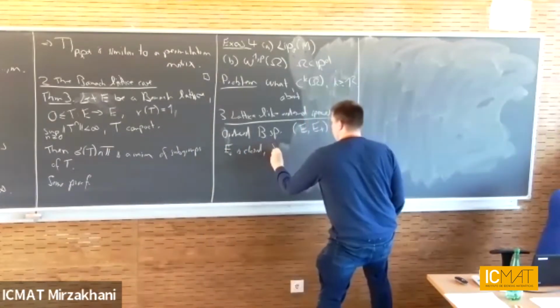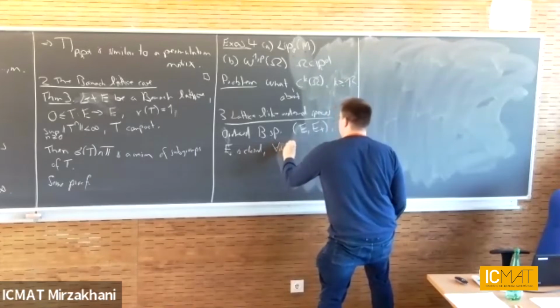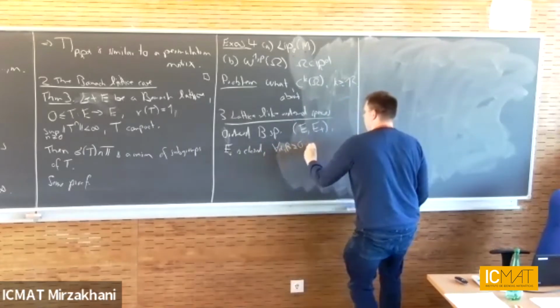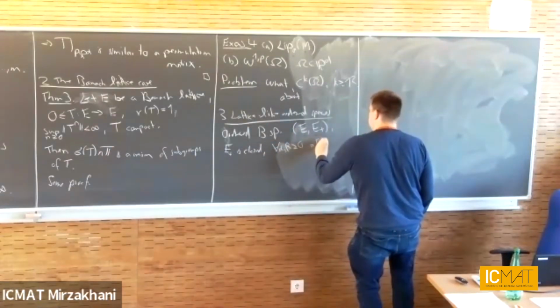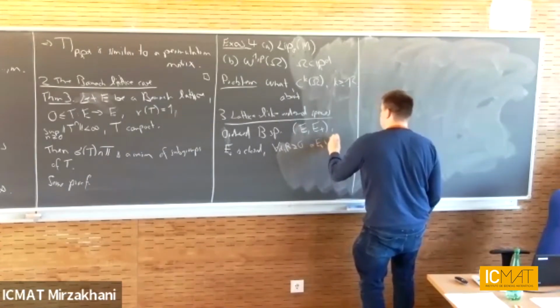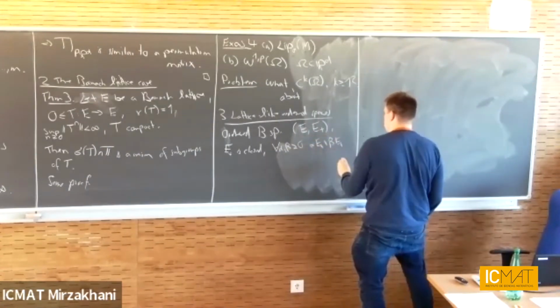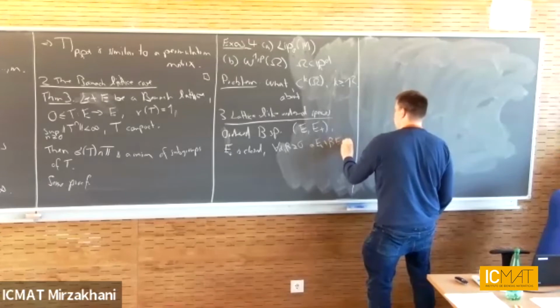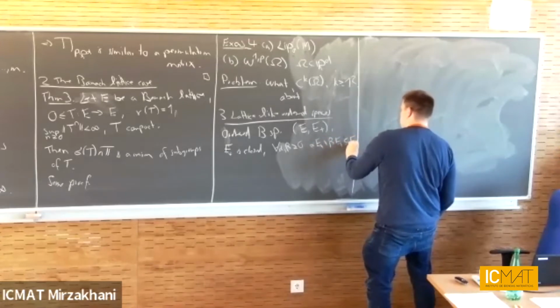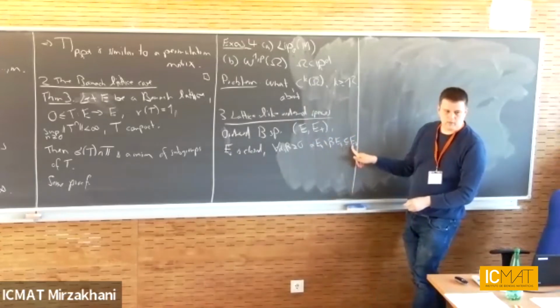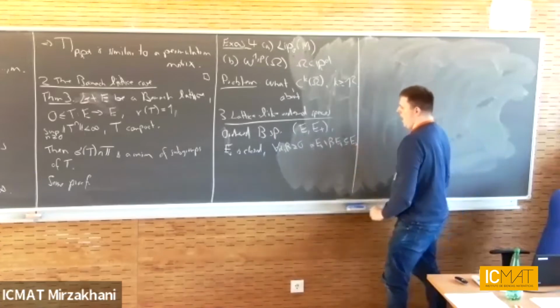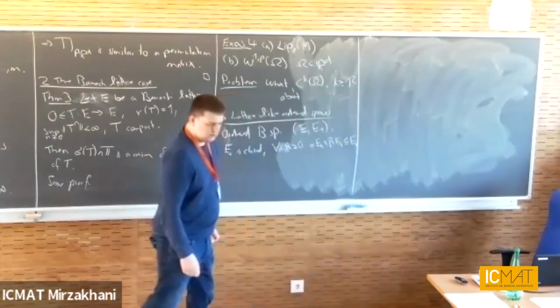And what do you mean by cone? I mean, if I take two non-negative numbers alpha and beta, then alpha times the cone plus beta times the cone is again in the cone. This in particular implies that the cone is convex. And I assume that it is not too large.